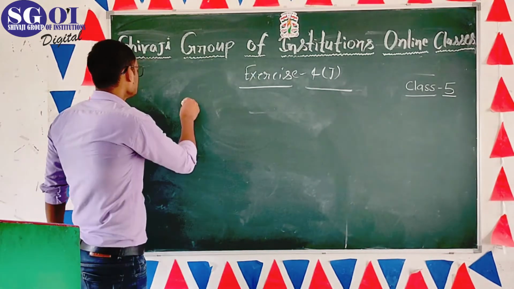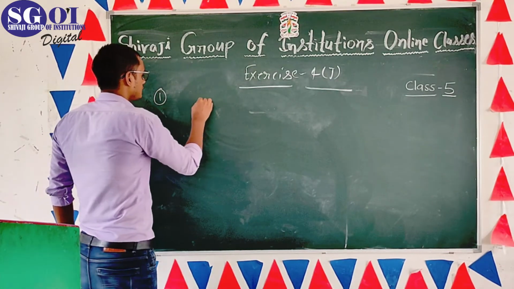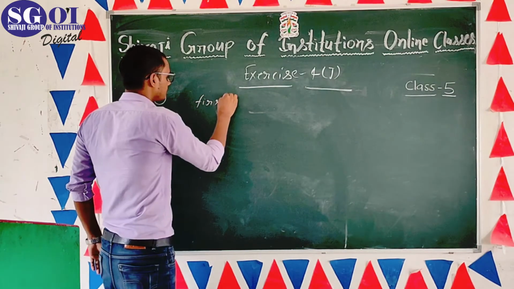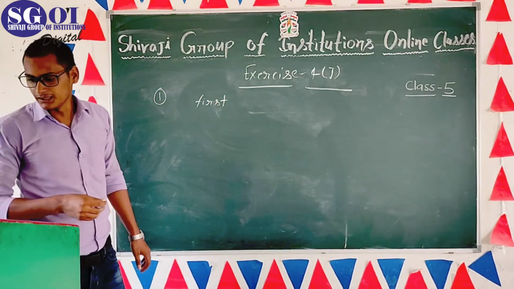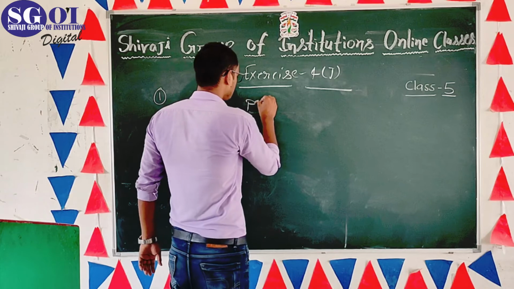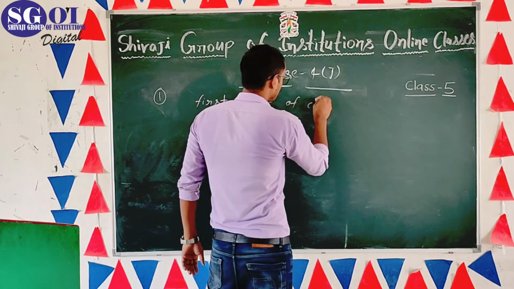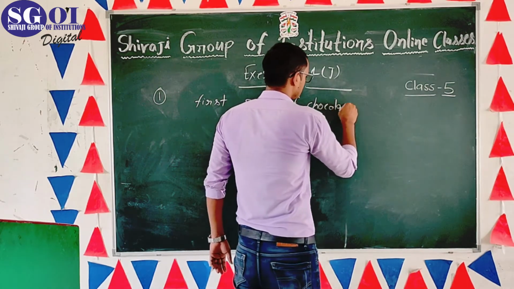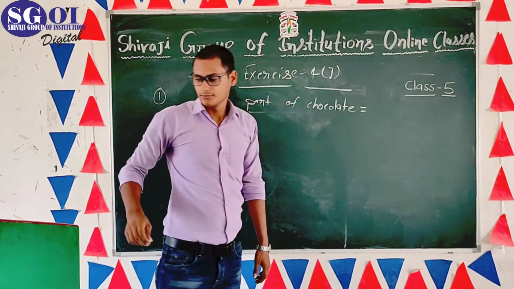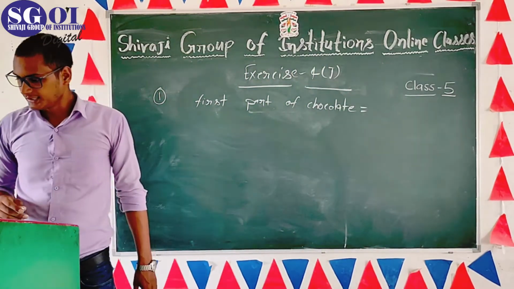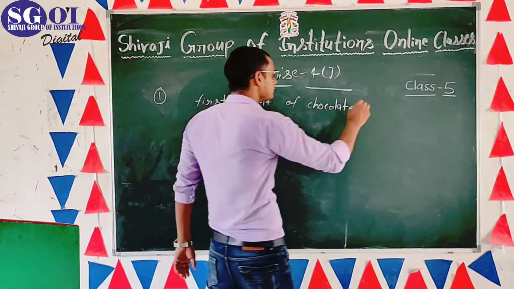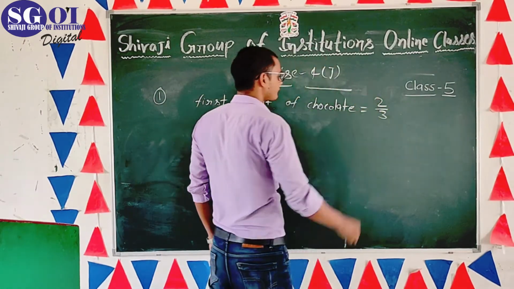So question number 1. First part of chocolate is equal to 2 upon 3.